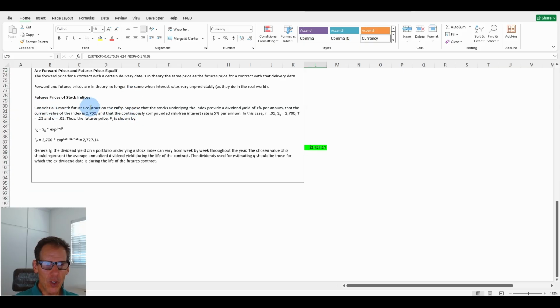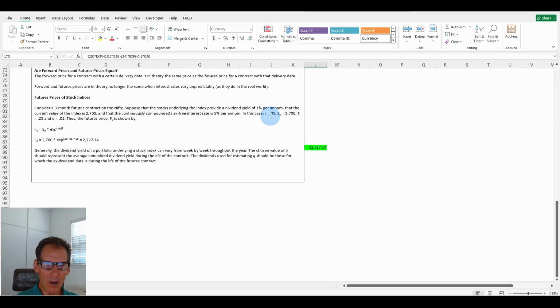Consider a 3-month futures contract on the Nifty. Suppose that the stocks underlying this index provide a dividend yield of 1% per annum, that the current value of the index is 2,700, and that the continuously compounded risk-free interest rate is 5% per annum.